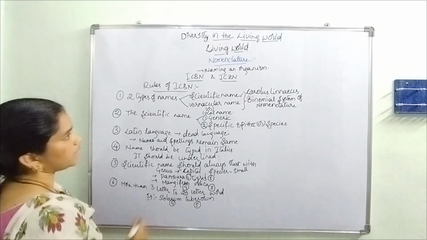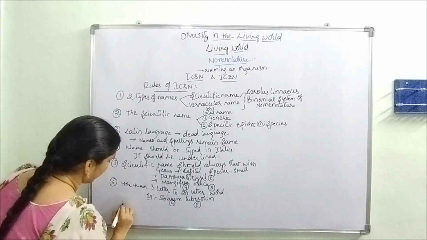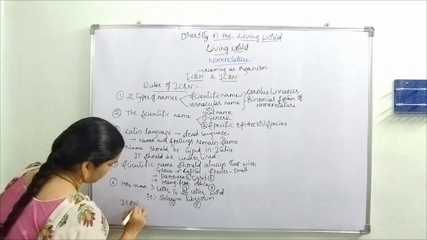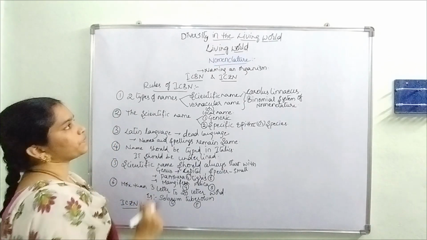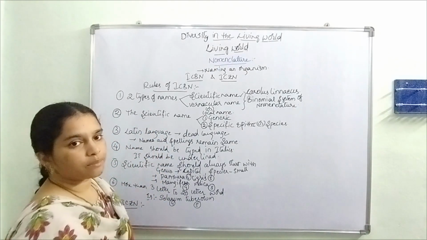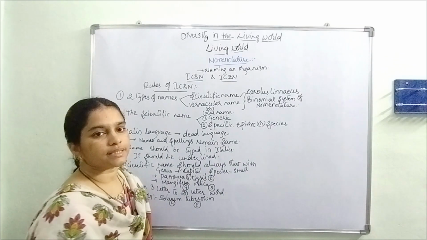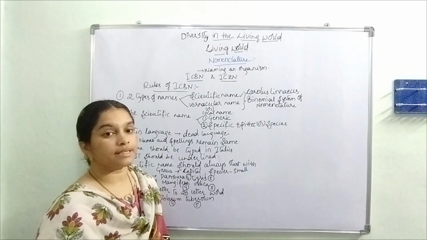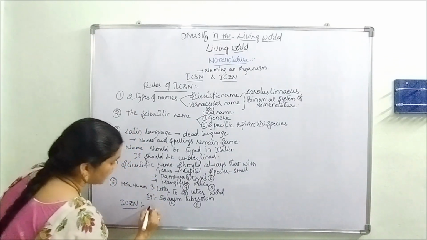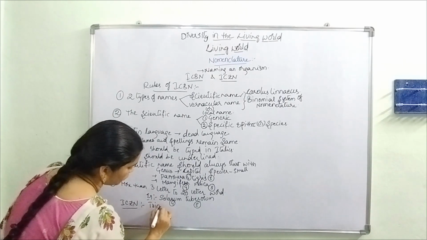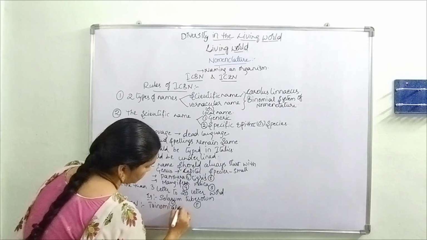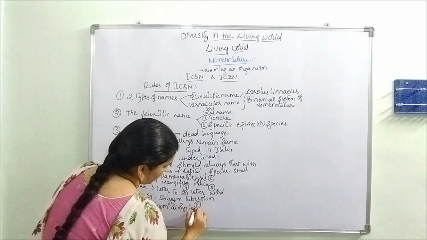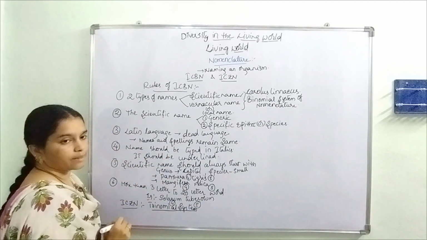Next, coming to the rules of ICZN. Here, ICBN has a binomial system, and ICZN says that it has a trinomial system. That is, animals have 3 names.